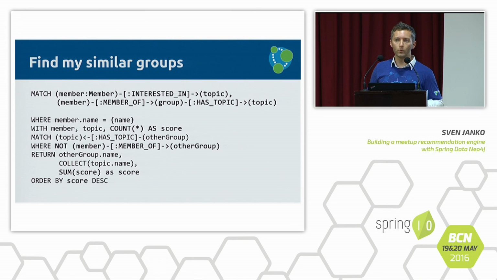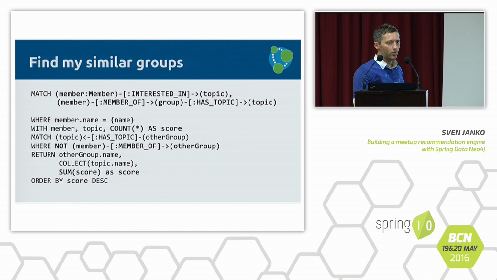And then again, we can transform that into a Cypher query, and then it looks like this. So the first part here we've just discussed, and we've just got out of our partial graph model.